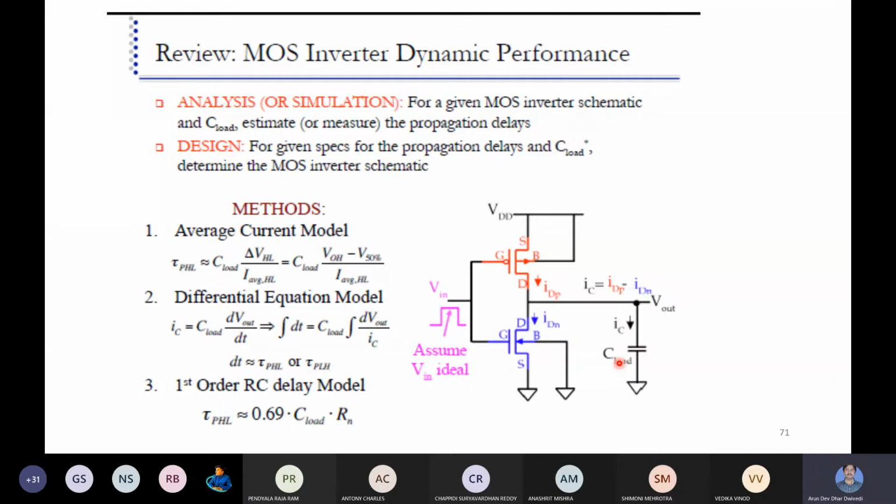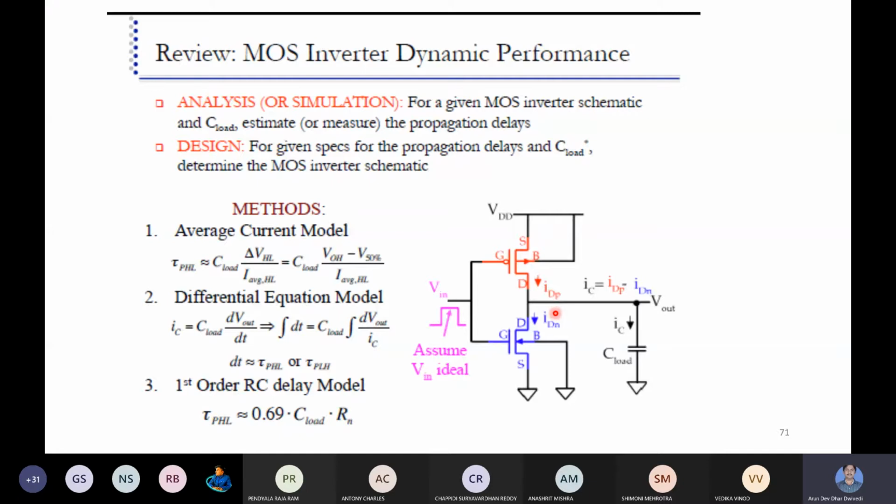This is the ID of the PMOS, and this is the ID of the NMOS. The current of this capacitor is IC equals IDP minus IDN. Suppose the input is switching from low to high; then the output will switch from high to low.